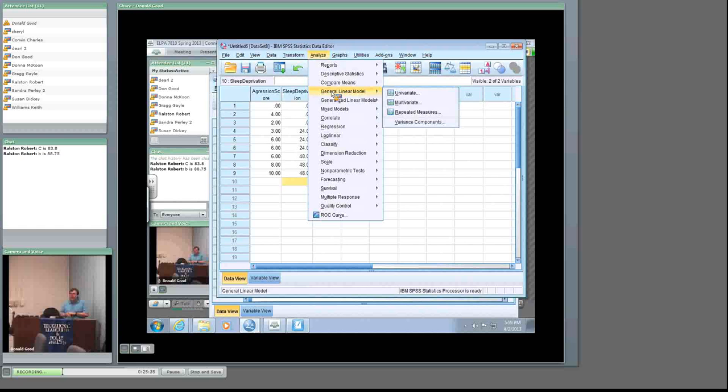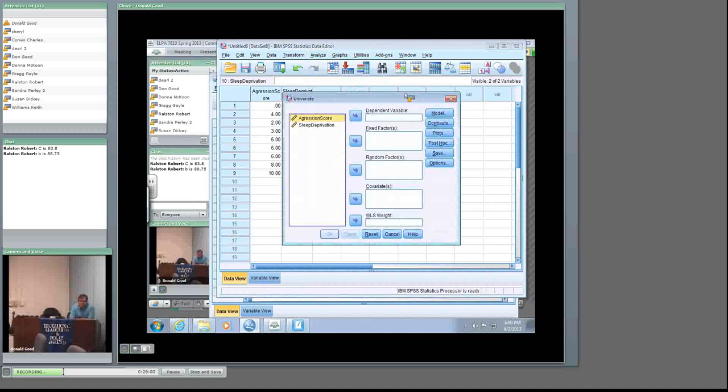But multivariate has to do with if you have more than one dependent variable. A two-way ANOVA has to do with whether you have more than one independent variable. Right now, we've just got one independent, one dependent. So I'm going to go to general linear model and go to univariate. And when I click on that, I'm going to get my window with the two boxes again.